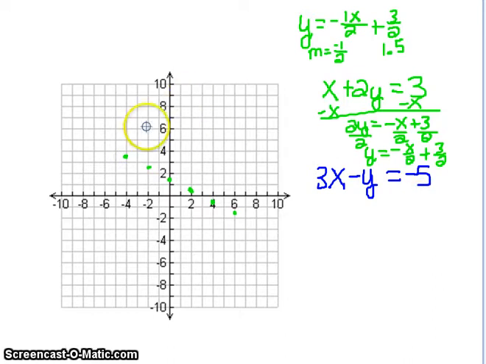So when I draw my line to connect all these points, we can see that it goes down because it has a negative slope.